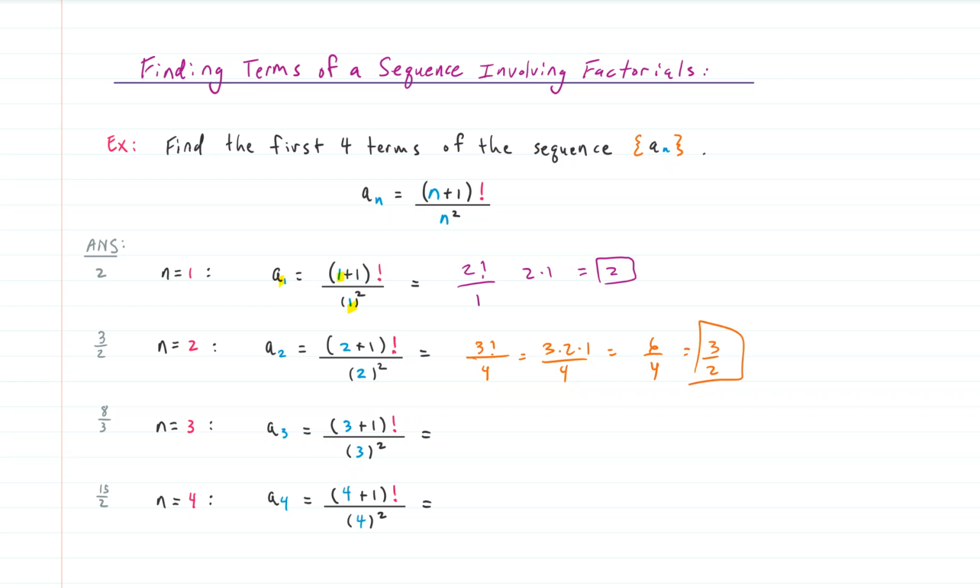Let's see what else we have here. n equals 3. We have 3 for n. So again, this is just the same general term. I just put in 3 for n. So 3 plus 1 gives us 4 factorial over 9. 4 factorial equals 4 times 3 times 2 times 1 over 9.